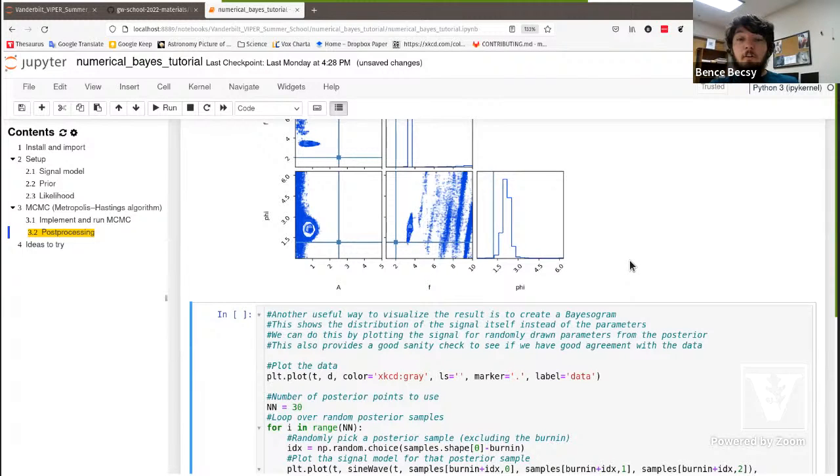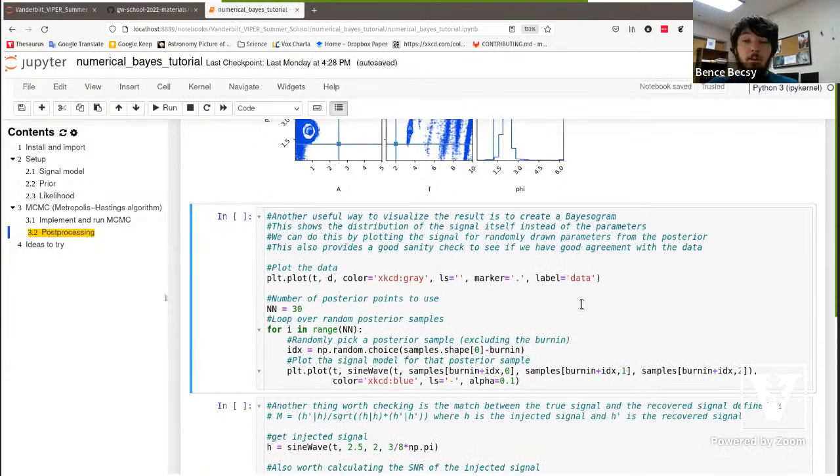Then we can see not the distribution of the parameters, but the distribution of the signal they are describing in the data. And we can overplot that with the data as well. So here I'm just plotting the data and then looping through 30 randomly picked instances, and I will plot how the signal would look for those randomly selected posterior samples.